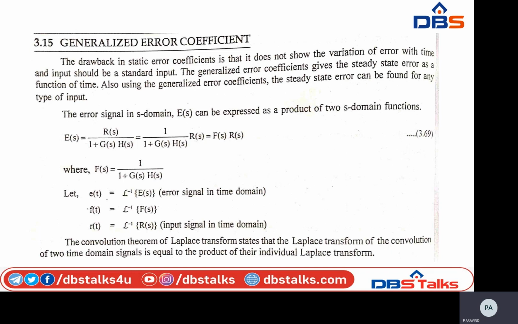So corresponding F of T is the time domain signal. Its Laplace transformation is F of S, right? See R of T is the input reference signal, corresponding its Laplace transformation becomes R of S.